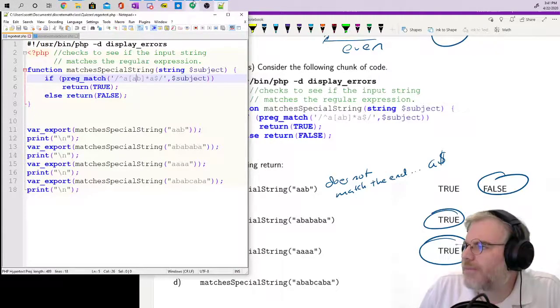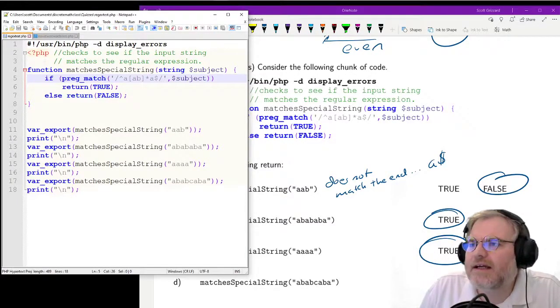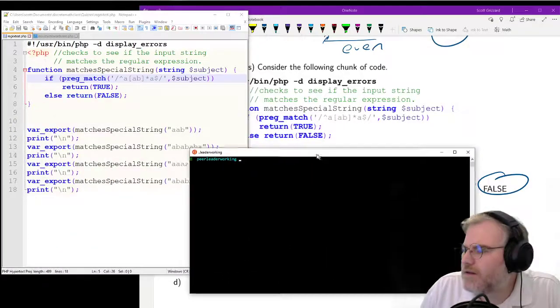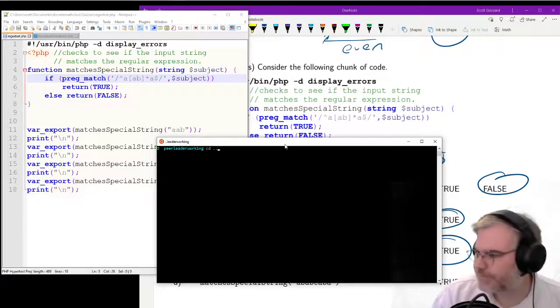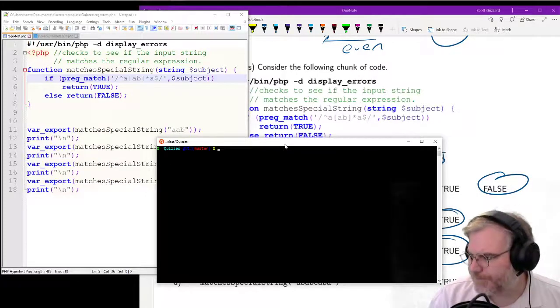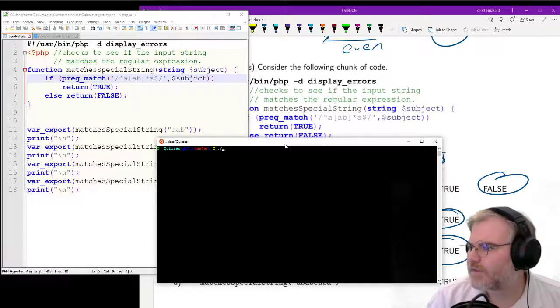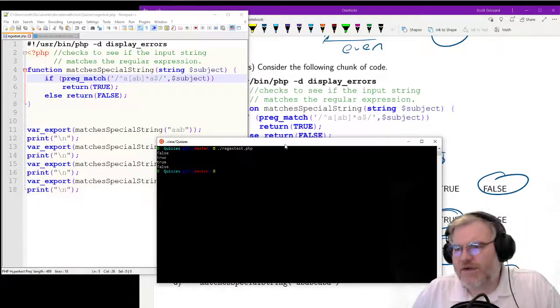So if I pull up this file, reg text php.exe, I get the answers: false, false, false, true, right?